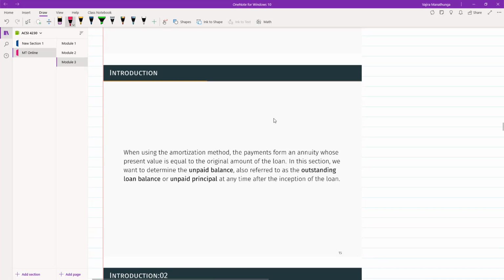So when using an amortization method, the payments form an annuity whose present value is equal to the original amount of the loan. Okay, so if I do a timeline, this is 0. This is when you receive the loan. Then once you get the loan, you have to pay back.